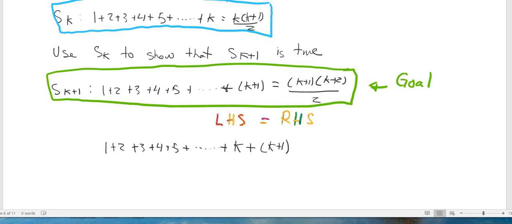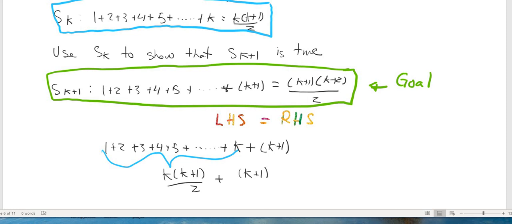According to this blue box, the numbers from 1 all the way up to k can be replaced according to this formula with k plus 1 over 2. In other words, from here to here, according to my formula, it's k plus 1 over 2. Bring down k plus 1.